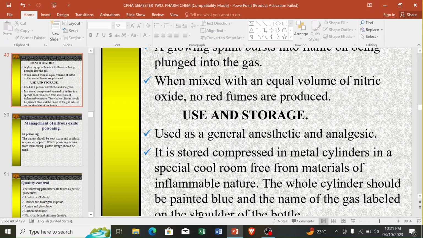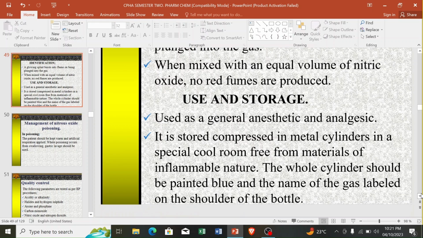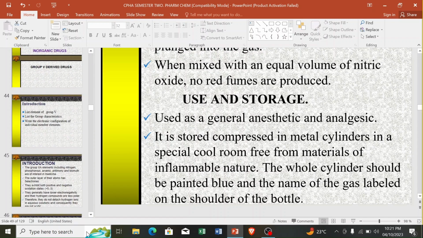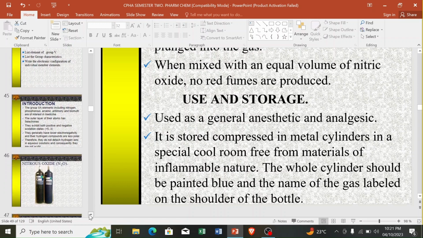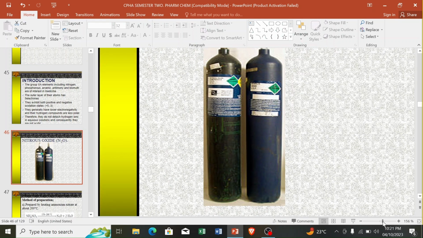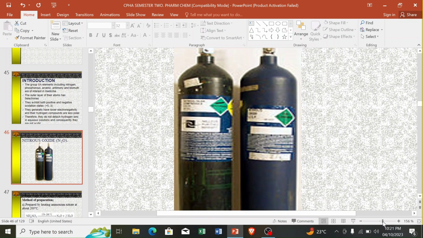The name of the gas is labeled on the shoulder of the cylinder. So let us go back to the slide that gave us this, sorry about this. When we zoom in, we see the color that it is. Can we see blue? Can we see black? Can we see navy blue?